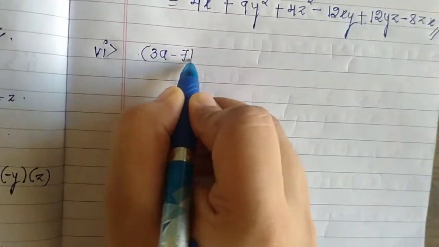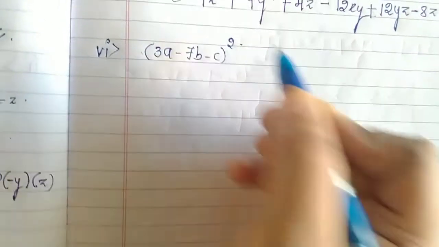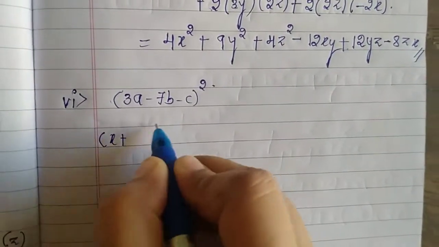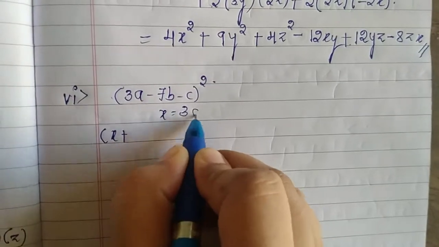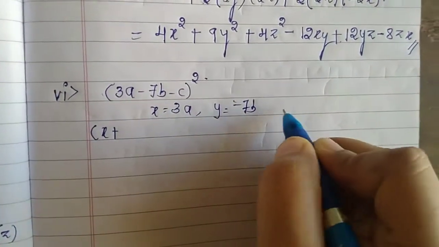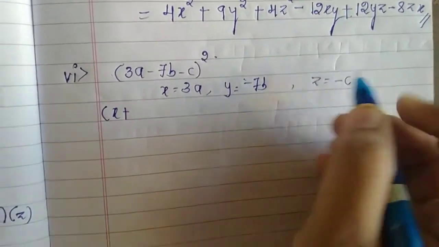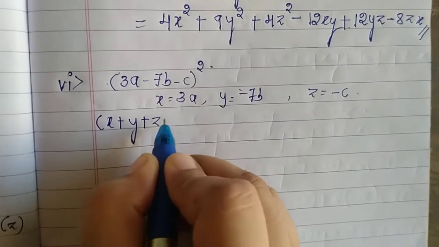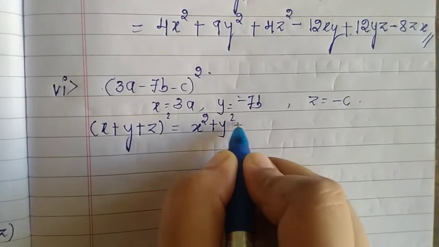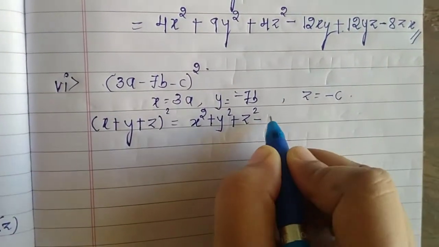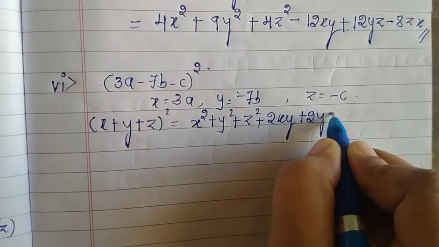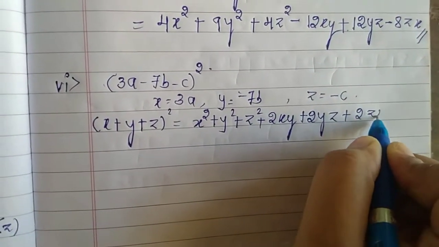3a minus 7b minus c the whole square. So here you have to repeat, x is nothing but here 3a in place of x, and minus 7b is y and z is minus c. x plus y plus z the whole square is equal to x square plus y square plus z square plus 2xy plus 2yz plus 2zx.